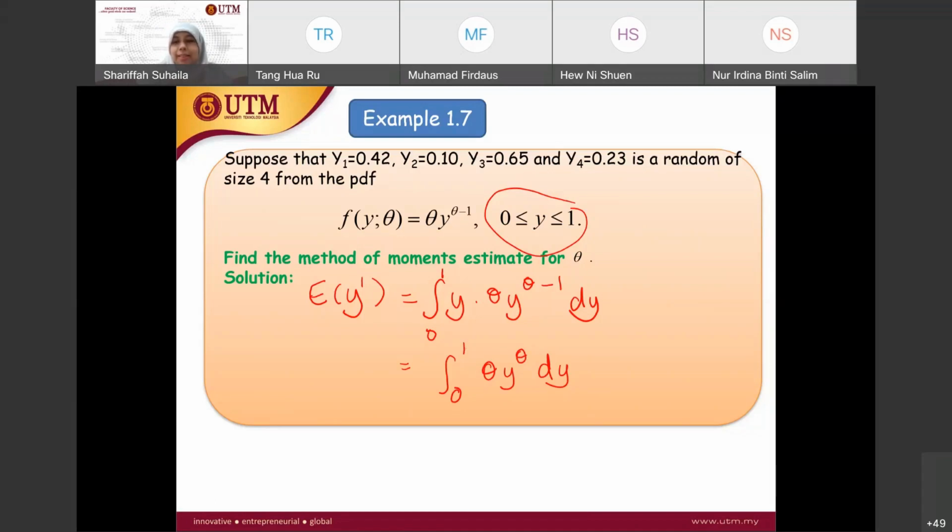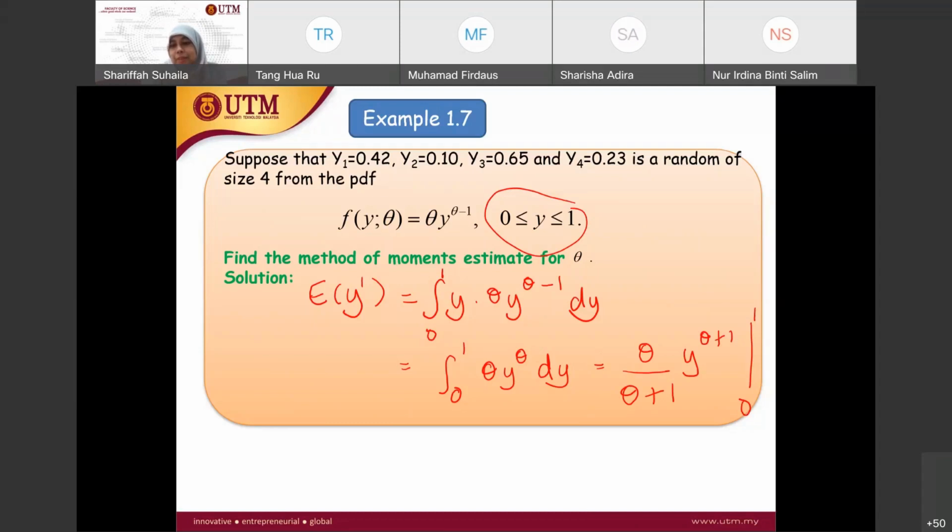So solve your integration, kita nak selesaikan integration with respect to y. So in here you just have theta over theta plus 1 y to the power theta plus 1. So gantikan nilai 0, 1. Okay, gantikan nilai y.